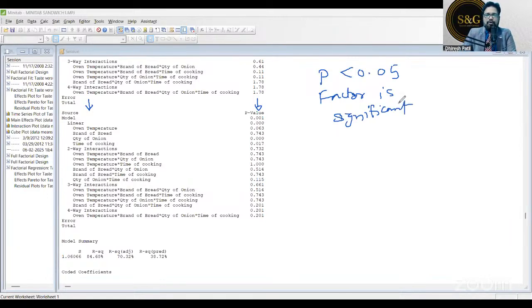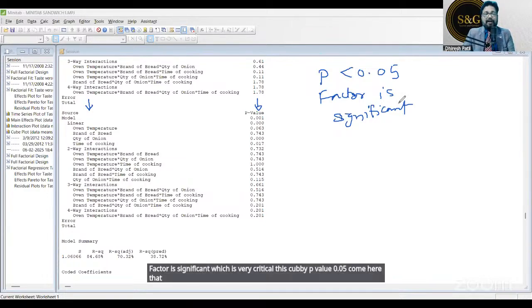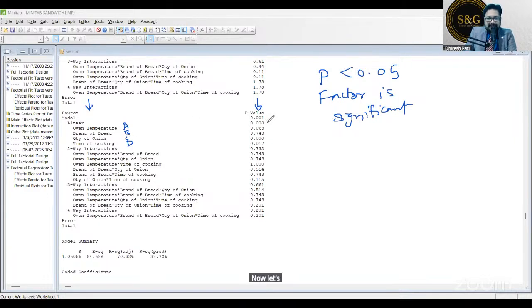Any factor whose p-value is less than 0.05 is a significant factor. Now look at this. The first one is called main effect, so this is A, B, C and D. Now let's look at A. A's p-value is 0.063, just above the 0.05 mark.